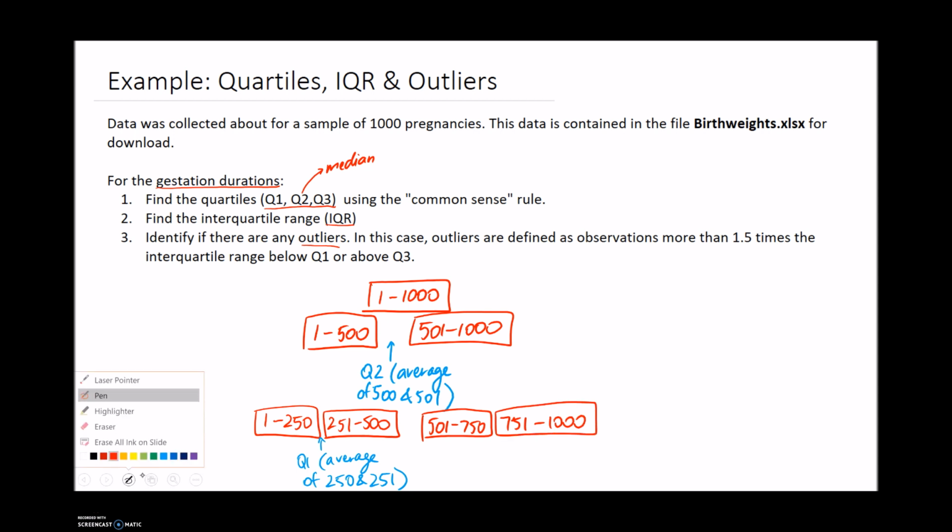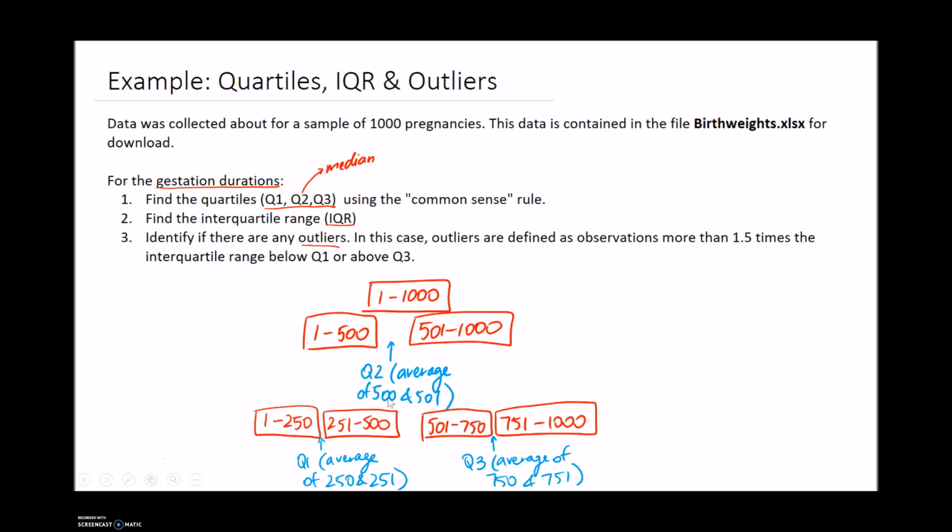Again it's an even number of observations, 500 in total here, so Q3 is going to have to be the average of the 750th and 751st. Knowing all of this, we can now jump back to our Excel spreadsheet.